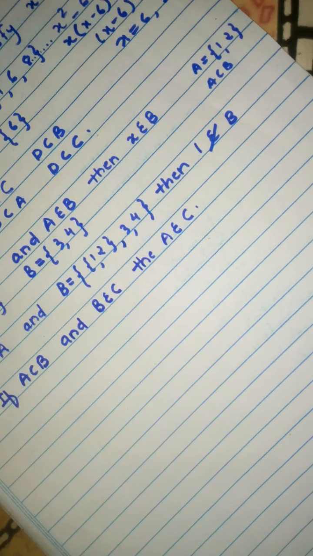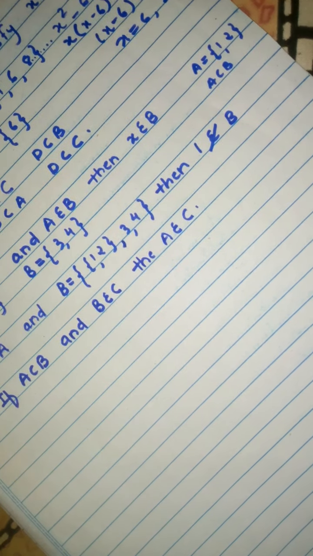Now, A is a subset of B, so we have to take two sets such that A is a subset of B. We'll take A with only one element, 1, and B in which 1 has to be there, and 2 we will take, because A has to be a subset of B according to the statement.